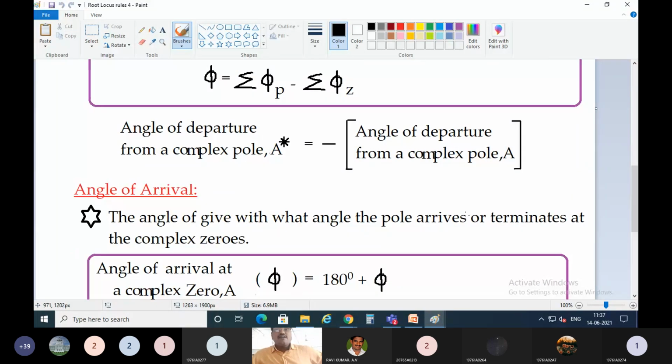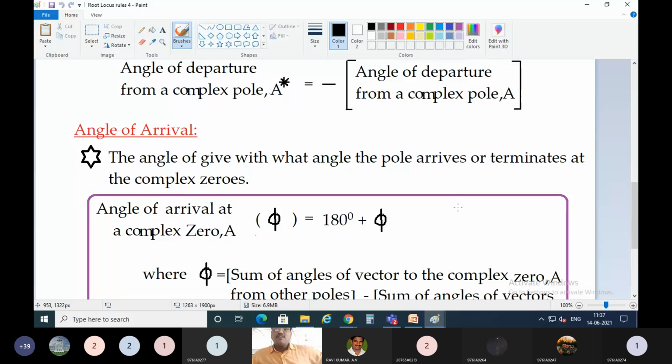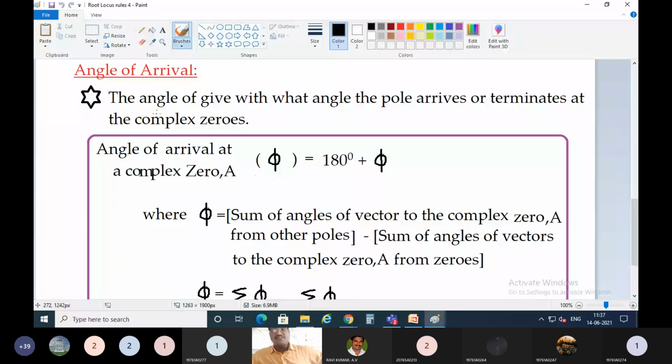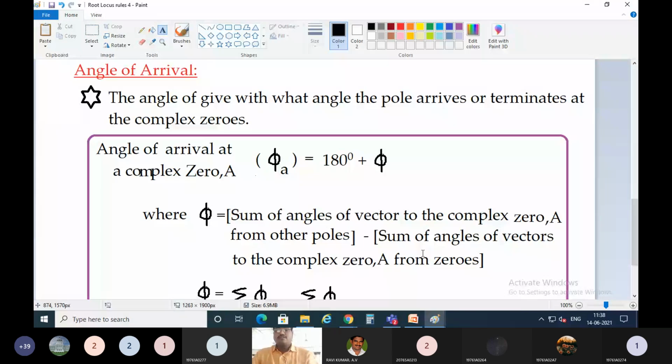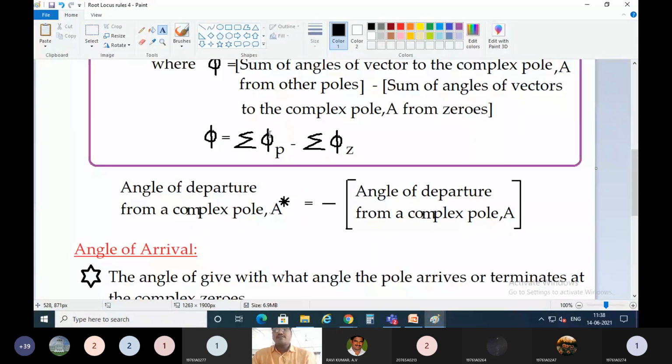Then similarly, the angle of arrival. The angle of arrival is calculated at a complex conjugate zero. So the angle of arrival at complex zero A is equal to 180 degrees plus phi. Let us take the angle of arrival as phi A, equal to 180 degrees plus phi. There it was 180 degrees minus phi, but here it is 180 degrees plus phi.